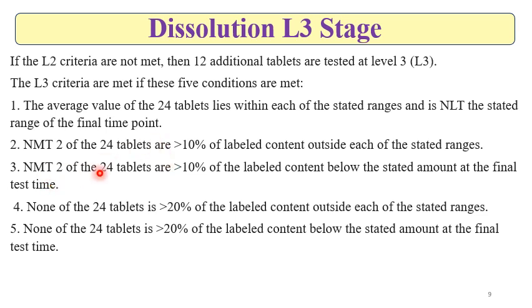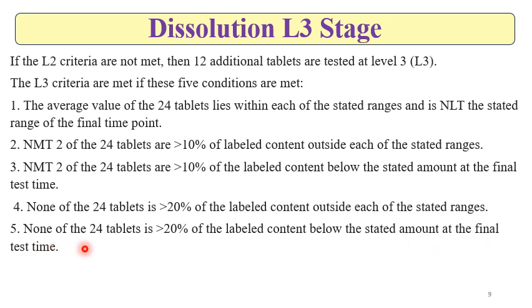Here also not more than 2 of the 24 tablets are above 10% and lower by 10%. None of the 24 tablets is less than 20% of the label content outside each of the stated ranges, and none of the 24 tablets is less than 10% of the label content below the stated amount at the final time point.